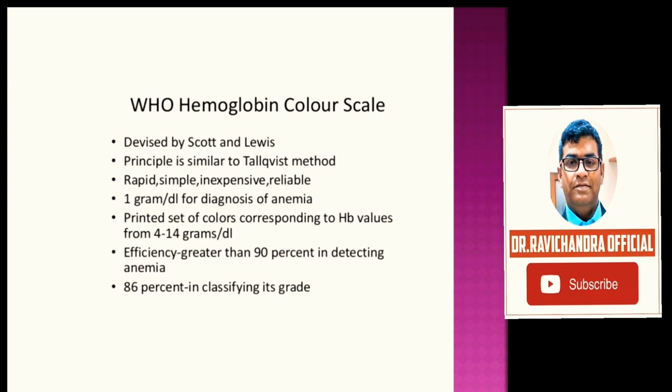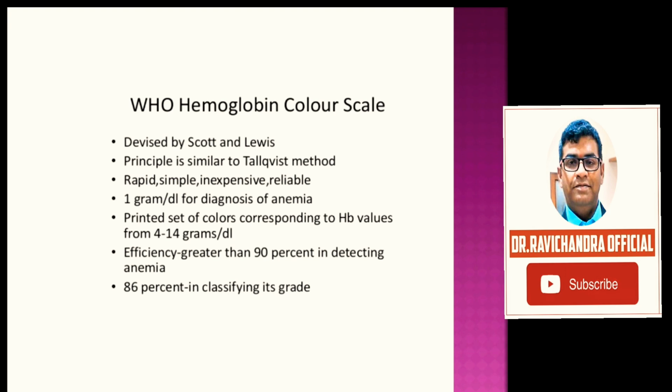WHO hemoglobin color scale was first discovered by Scott and Lewis, and the principle is similar to the Dahlquist method. It is also rapid, simple, inexpensive but reliable, within 1 gram per deciliter for diagnosis of anemia. Printed sets of colors are available corresponding to hemoglobin values ranging from 4 to 14 grams per deciliter.